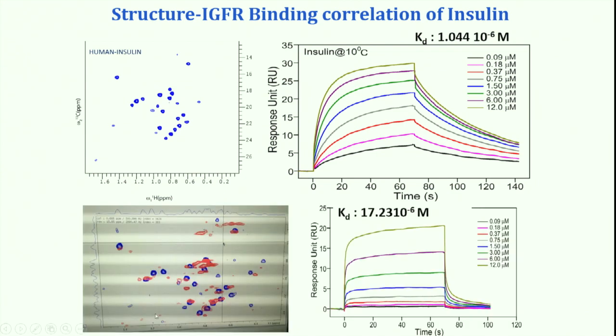Now, we took another, not so nice looking insulin. You can see this was nice looking, and the red one is not so nice looking, the lines are really broad, and if you measure the binding, it is 17 micromolar, 1 versus 17. So if your protein is not folded well, its structure is not nice, you are not going to get a good response.